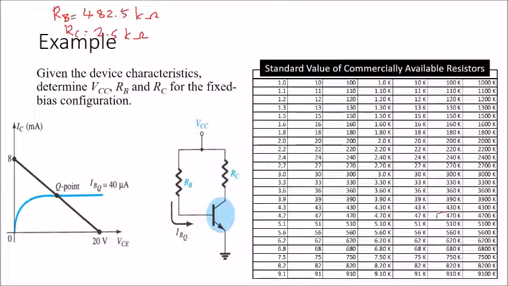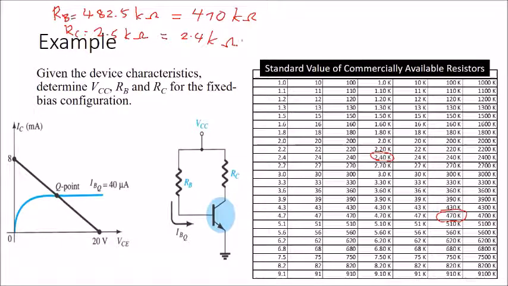In this case, for the design process, we are going to use 470 kilo ohm, and for RC, we have to use the closest value, which is here, 2.4 kilo ohms.